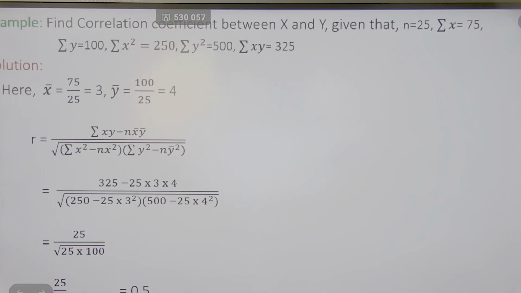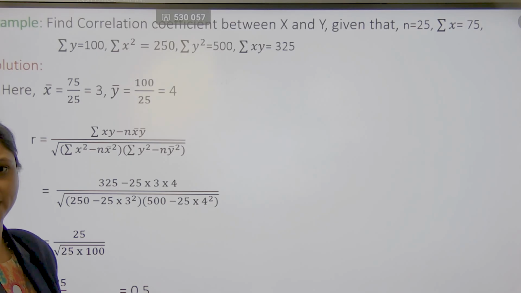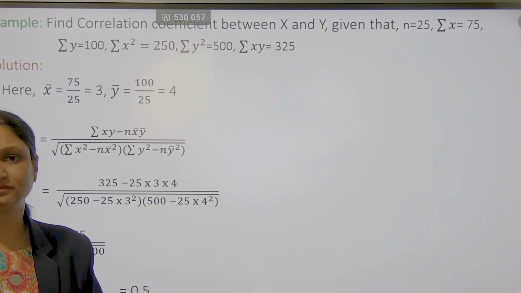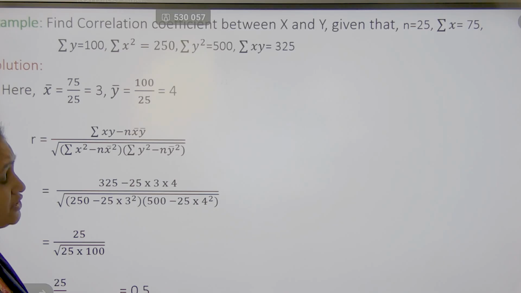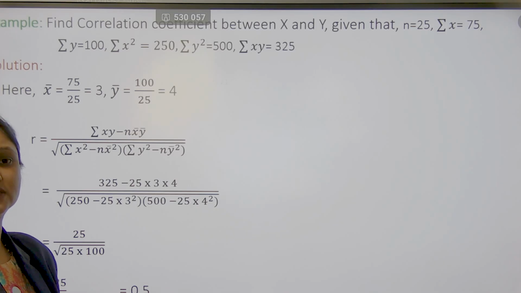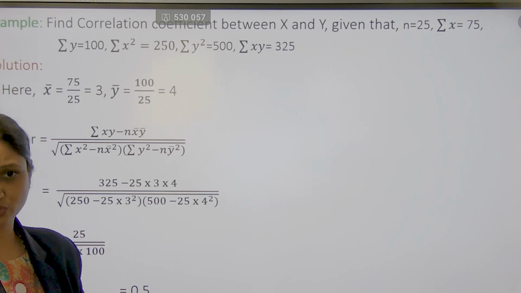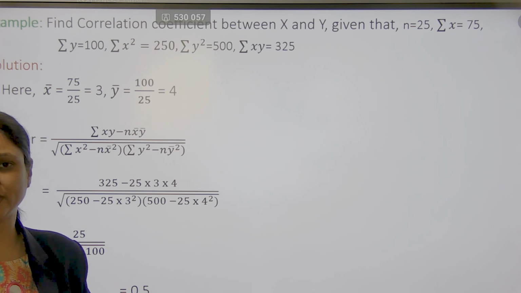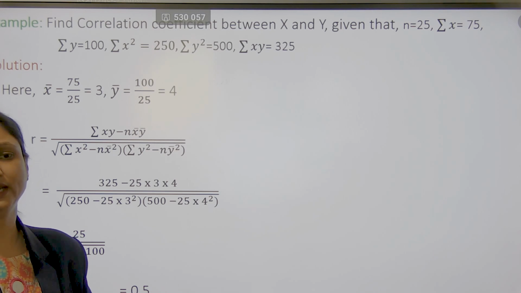Next one is find the correlation coefficient between x and y, given that n is equal to 25, summation x is equal to 75, summation y is equal to 100, summation x square is equal to 250, summation y square is equal to 500, and summation xy is equal to 325.